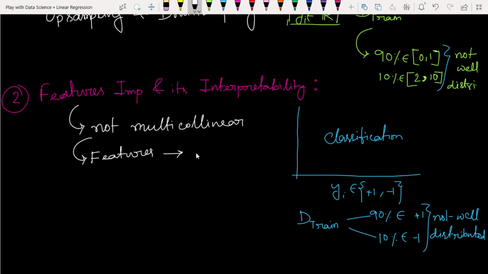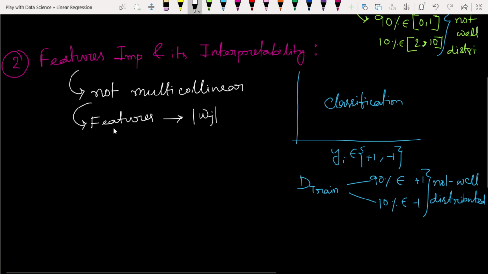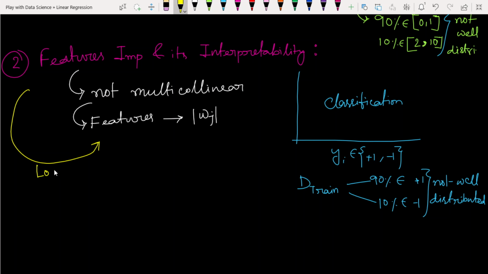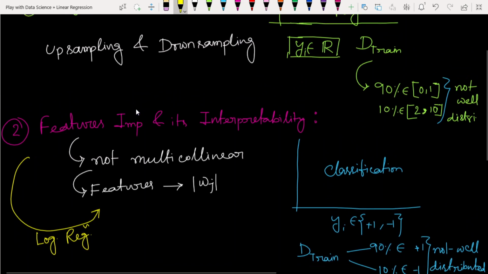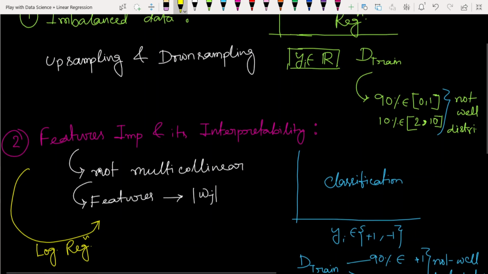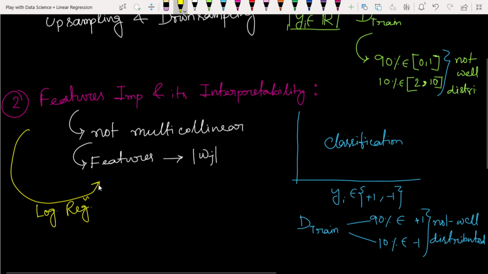These features depend on the absolute values of WJs. So it is as trivial as logistic regression. The feature importance of linear regression and logistic regression is the same technique. Both are the same.